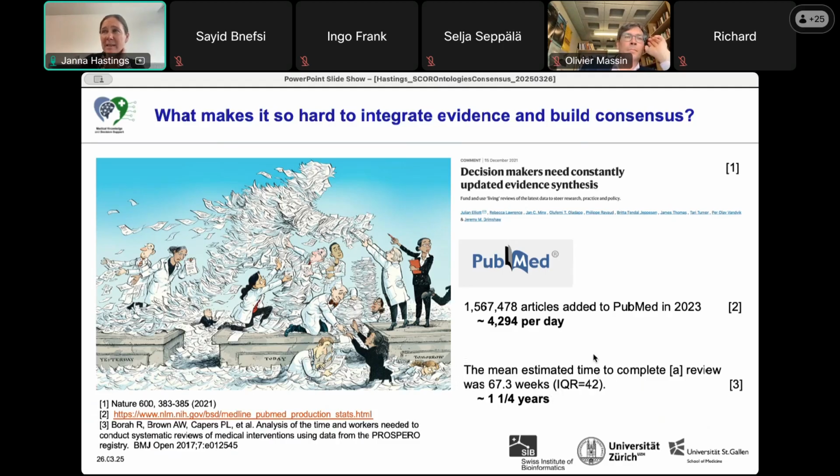But some recent evidence looked at how long it actually takes to answer a question based on an overview of the literature, with a so-called systematic review, where you start out with a question, try to get all the literature that's relevant to answer it, and eventually get all the information out of that literature and answer it. Some evidence shows that this itself takes more than a year for any given question on average: 1.25 years. We see that in our research too, that it just takes a really long time.